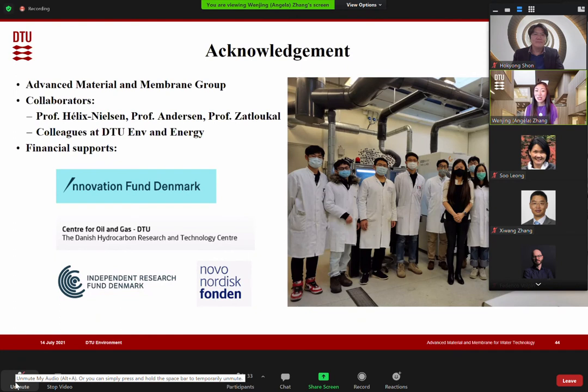In Denmark, I think we have quite nice funding instruments. For instance, the Innovation Fund Denmark, we got funding especially to promote the collaboration between research at the university and Danish companies. So in that case, we can really reach out and try to implement the research outcome in the real world. I also want to thank the Center for Oil and Gas at DTU, Independent Research Fund Denmark and Novo Nordisk Fonden.